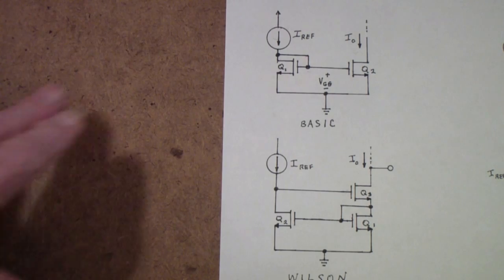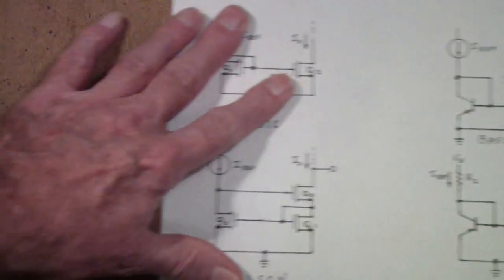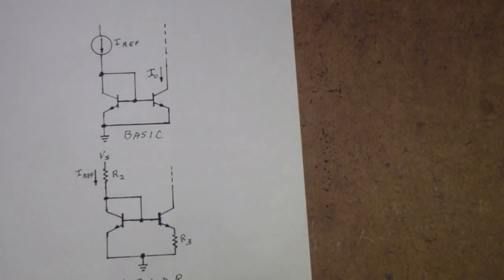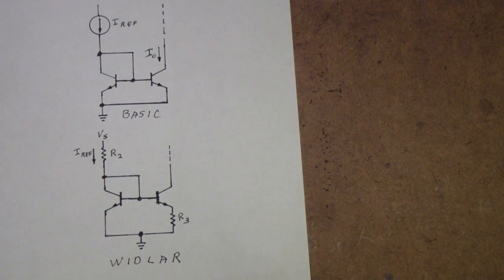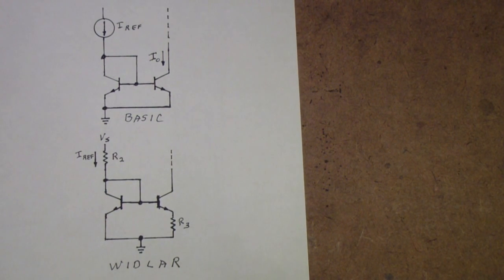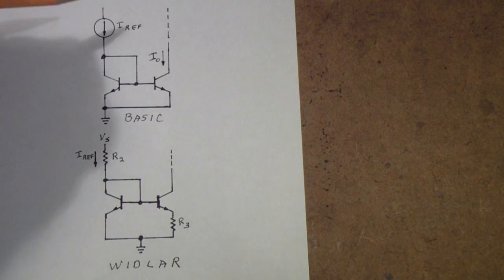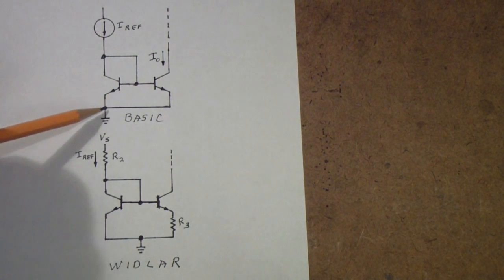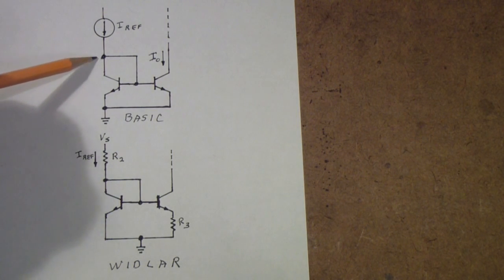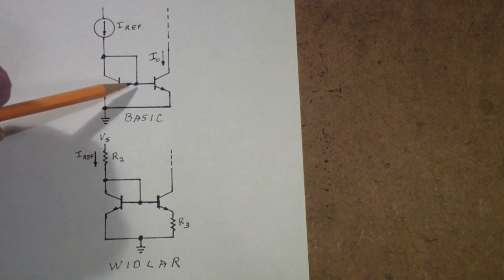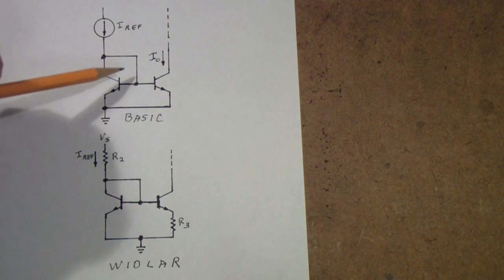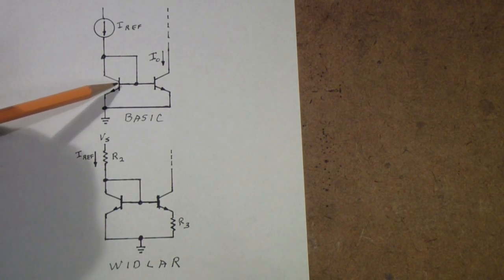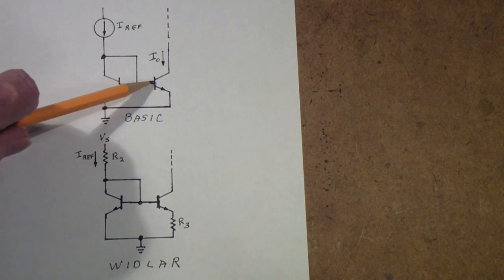So now let's take a look at bipolar junction. At the top, you see the basic bipolar current mirror, where once again the reference current is flowing through this transistor. The collector is connected to the base, and the base of this transistor is the same as the base of this transistor.